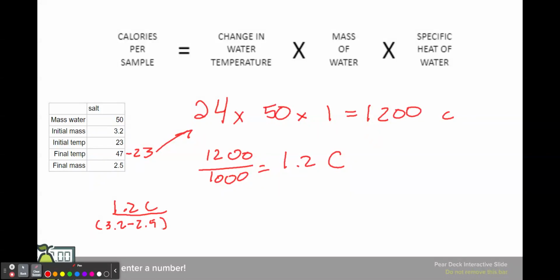So 1.2 divided by 0.7 equals 1.7 calories per gram.